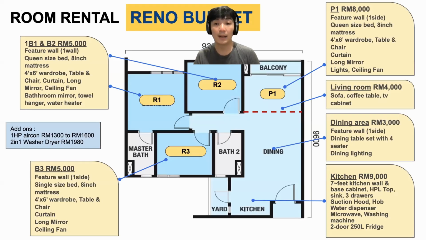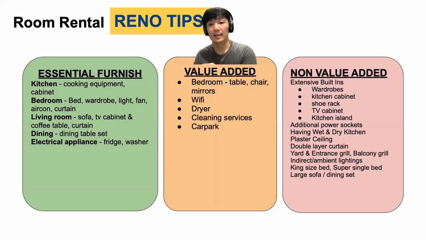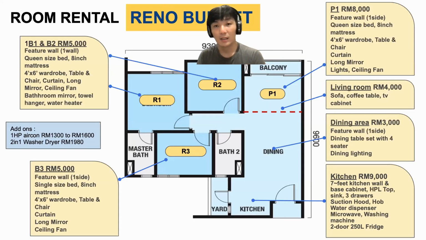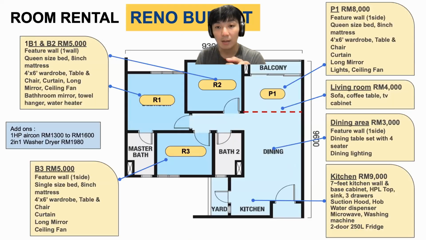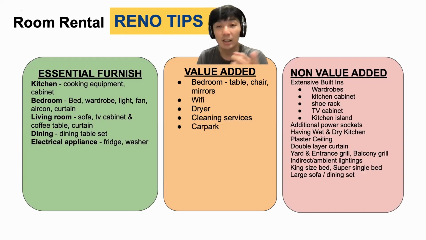Always remember, refer back to this: expensive TV cabinet, kitchen island, shoe rack. Don't need, not value for money. It's not converting your rental, not bringing up your rental, unless you are providing additional things like, for example, a dryer, cleaning service, car park. These are value adding. These are very relevant to fulfill and give the tenant.